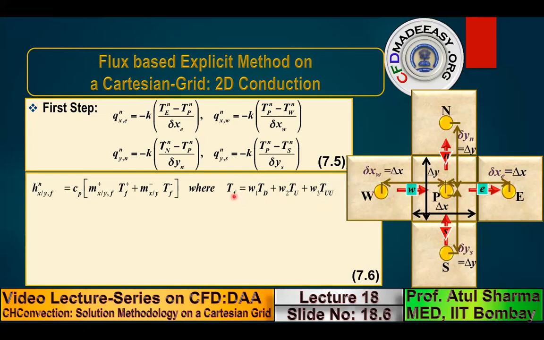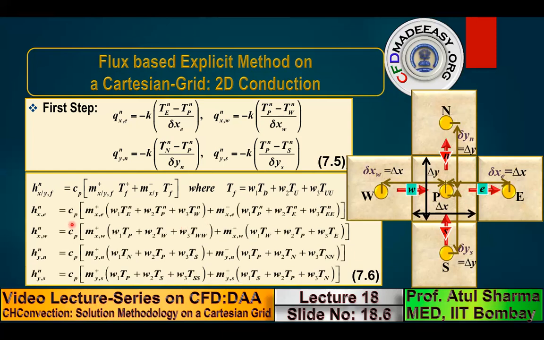If you want to calculate TE minus, then you have to substitute the appropriate downstream, upstream, and upstream of upstream. So if the mass flux on the surface is in the negative x direction, then the downstream neighbor will be P, the upstream neighbor will be capital E, and the upstream of upstream neighbor will be the double capital E. Okay, so this is the expression for TE plus, and this is the expression for TE minus, where in TE plus, as I mentioned, this is the downstream neighbor, this is the upstream neighbor, and this is the upstream of upstream neighbor.